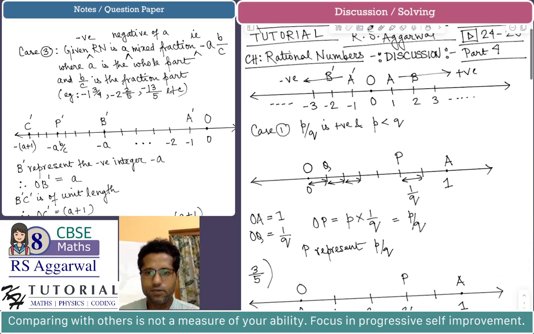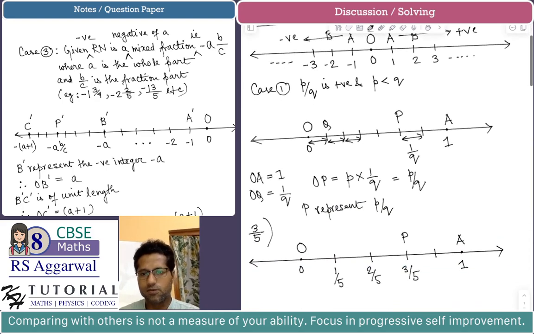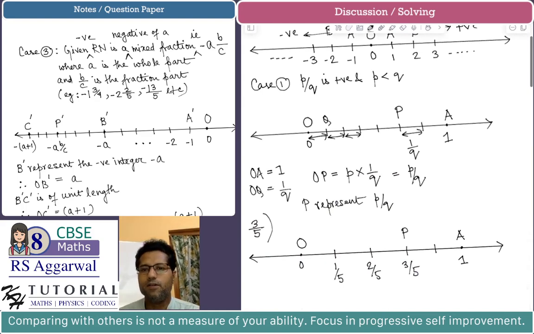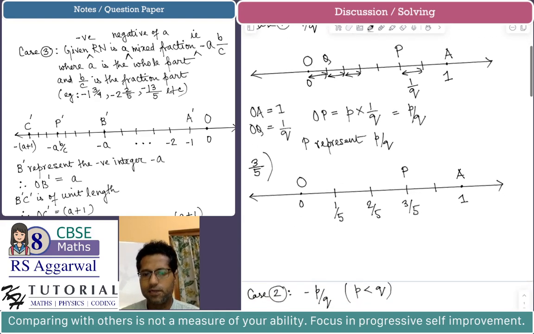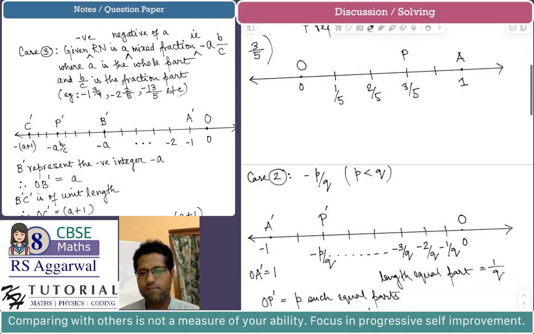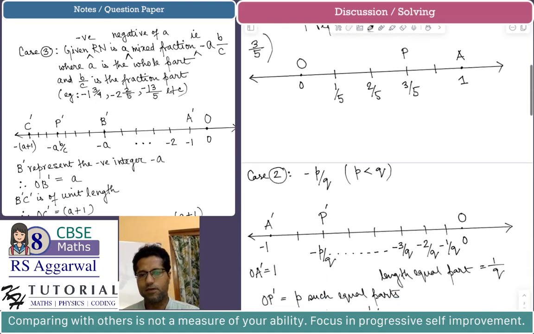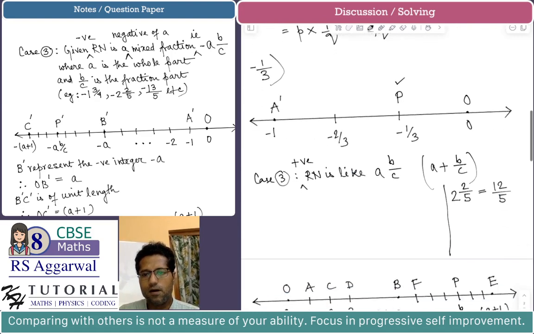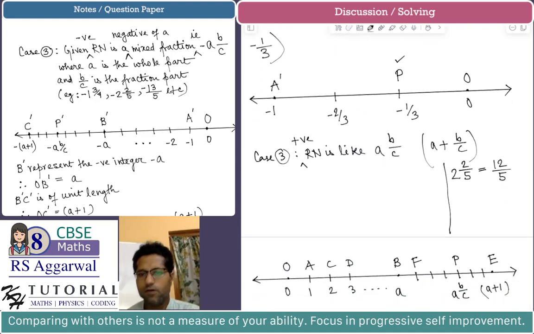So we have discussed all the four cases, all the possible cases of rational numbers. A rational number could be positive and less than 1, that is like a proper fraction, or it could be the negative of a proper fraction, that is case 2. Case 1 was a proper fraction, that is a positive rational number where P is less than Q. Case 2 was the same as case 1 but negative, that is a negative rational number where P is less than Q. Case 3 was a positive rational number of the form mixed fraction, that is a and b by c.